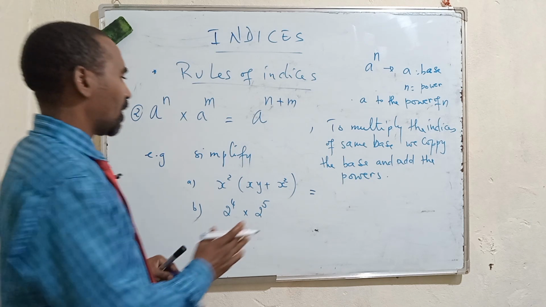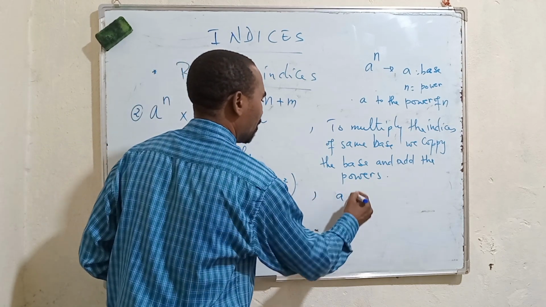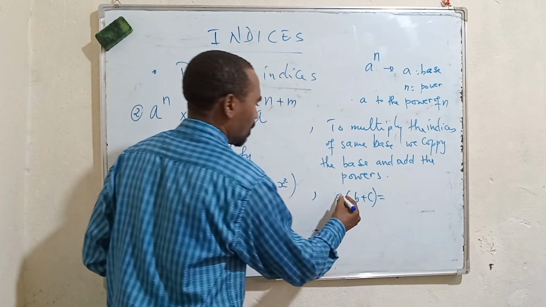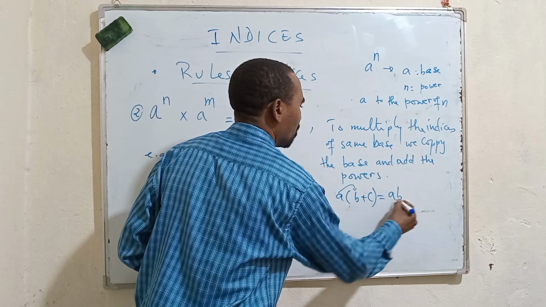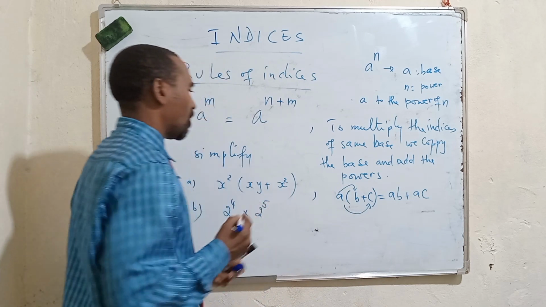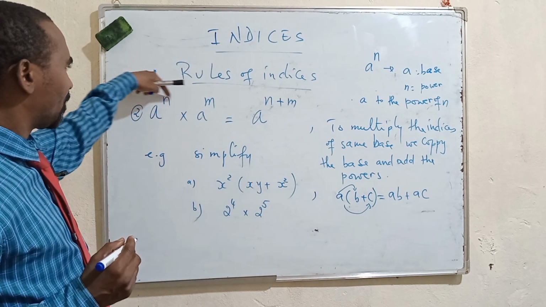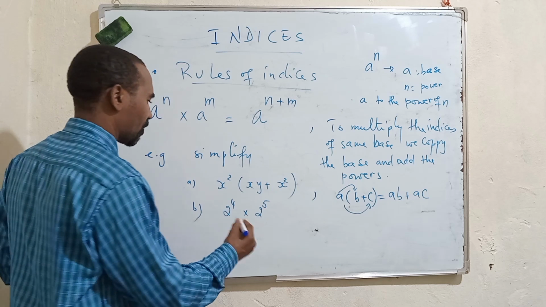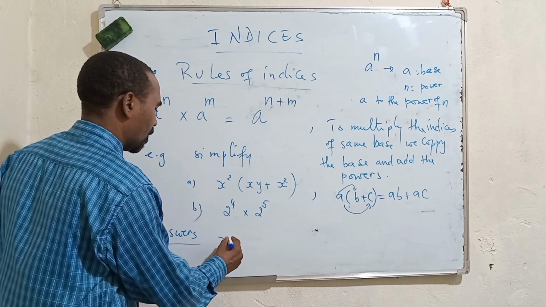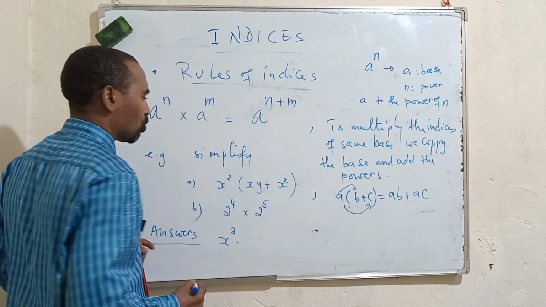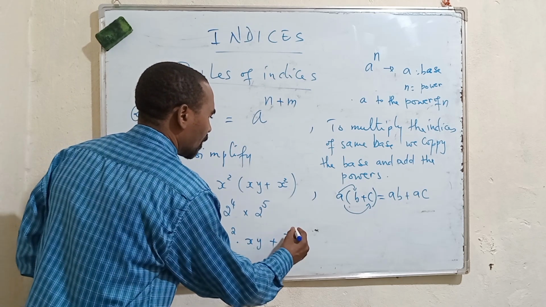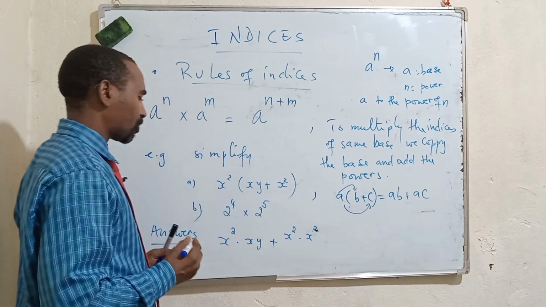We know the distributive property: when you have A into B plus C, to expand this you take A times B, you get AB, and A times C, you get AC. Using that property and including these indices, it will be x power 2 times xy plus x power 2 times x power 2.